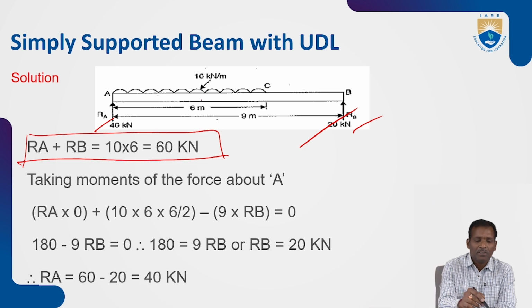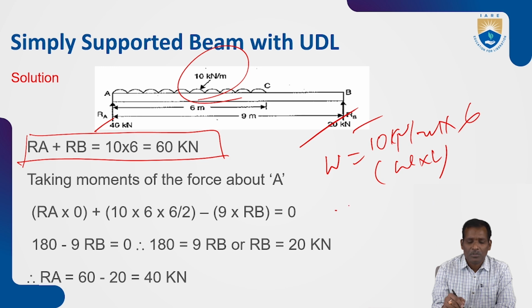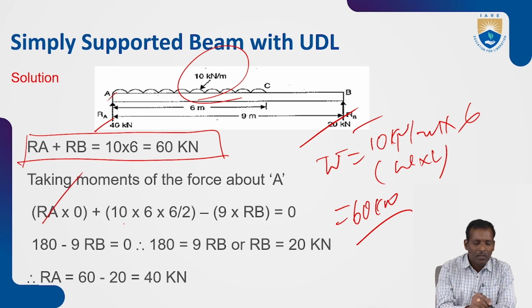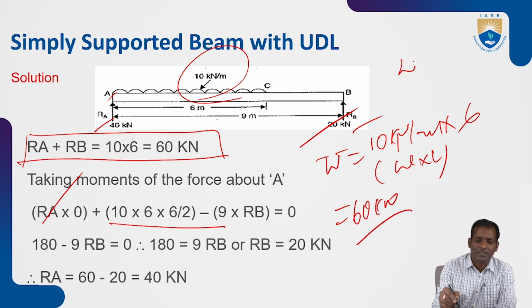Because the 10 kilonewton per meter UDL multiply with 6, W into L. So total 60 kilonewton converted into point load. So now taking moments about A, RA into 0. This 10 into 6, that is 60, multiply with the half of the distance, W into L by 2.